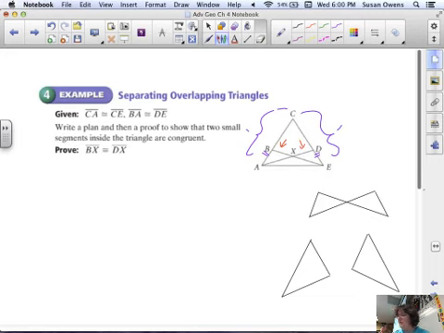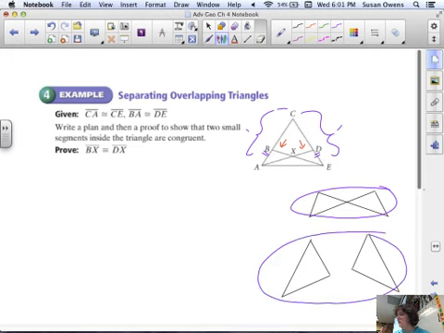So I actually did two separations. I separated, so I just have the inner ones, but I also separated the overlapping ones, so you can see those here. So this is another one where we're going to look at some of the bigger triangles and prove those are congruent, and then we'll get to the littler triangles. Okay. There's lots of ways to do this proof, okay? So we'll talk about this one.